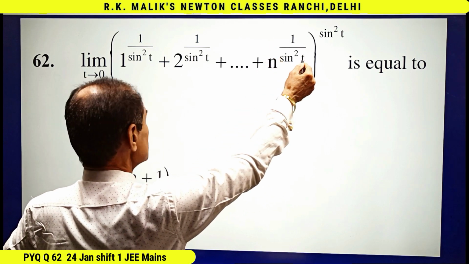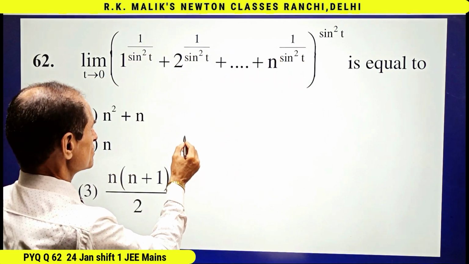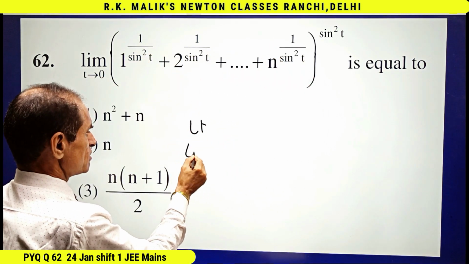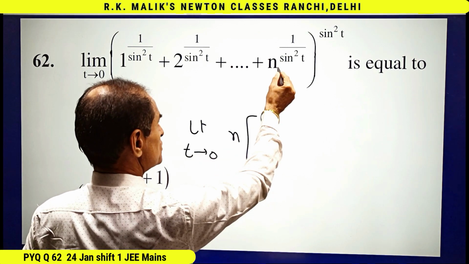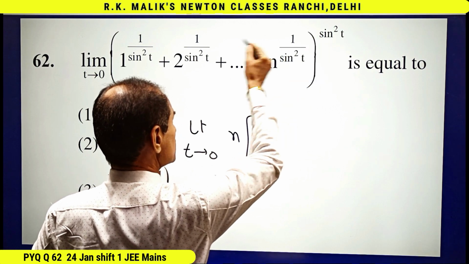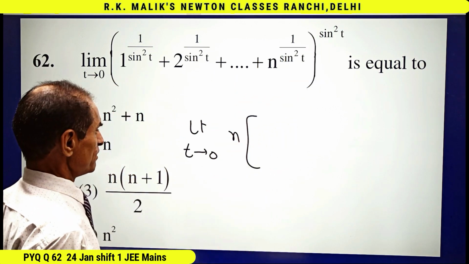If I take this thing outside, I will get limit t tends to 0, I'll be getting n outside because this with this power will come outside, therefore I will be getting n.